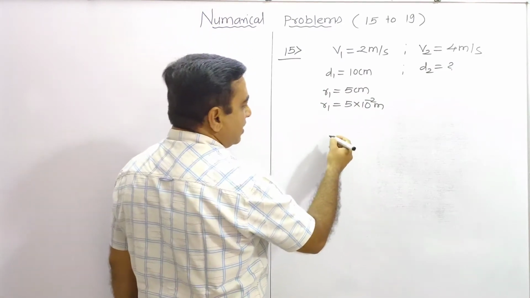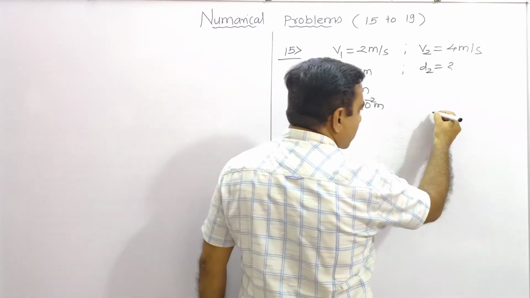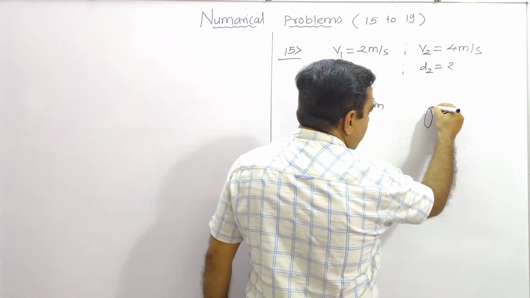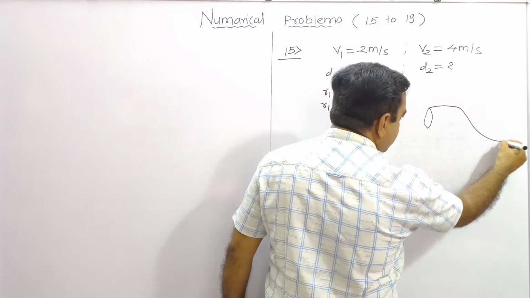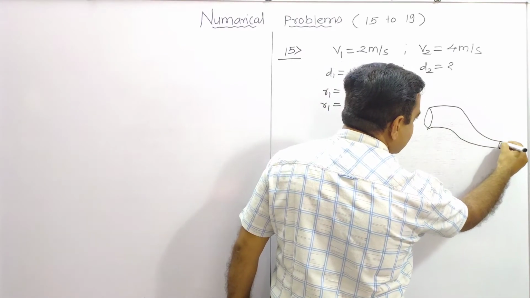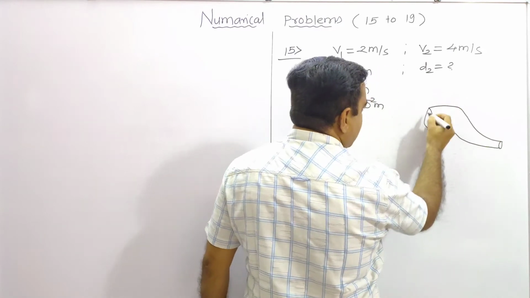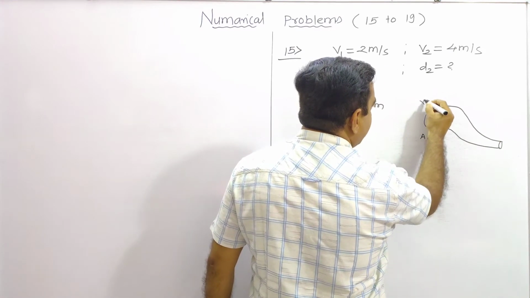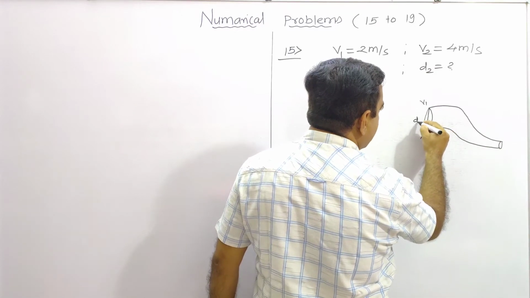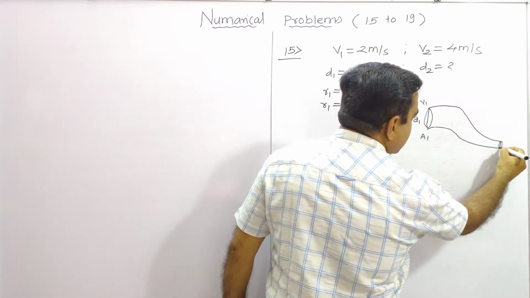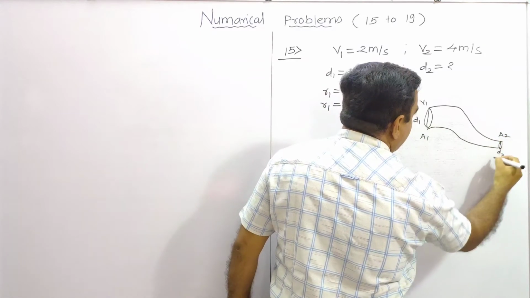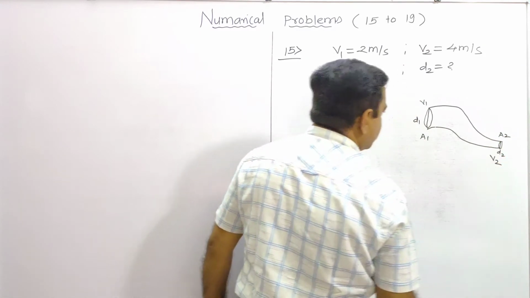Initially, we know very well that according to the equation of continuity, let us consider the pipe is like this, and here it decreases the area of cross section. Here A1 is the area where V1 is the velocity, and here diameter is D1, and here diameter is D2, corresponding area is A2, and corresponding velocity is V2.